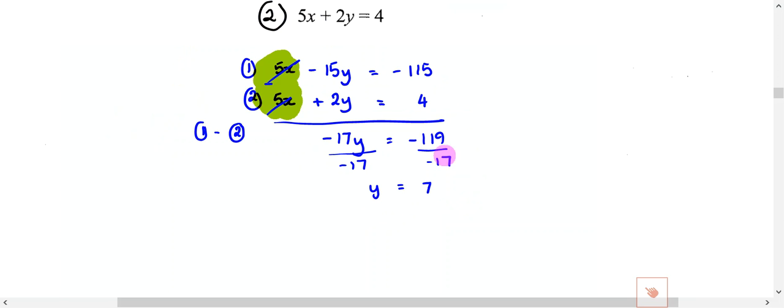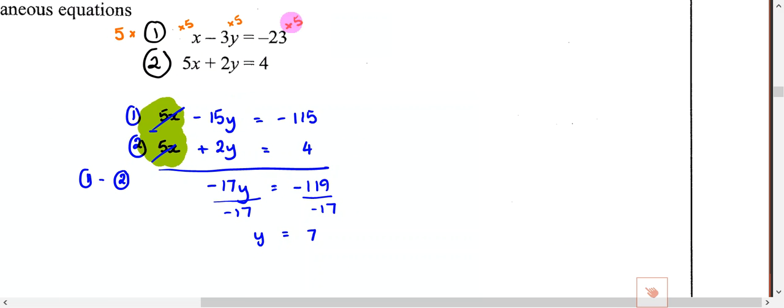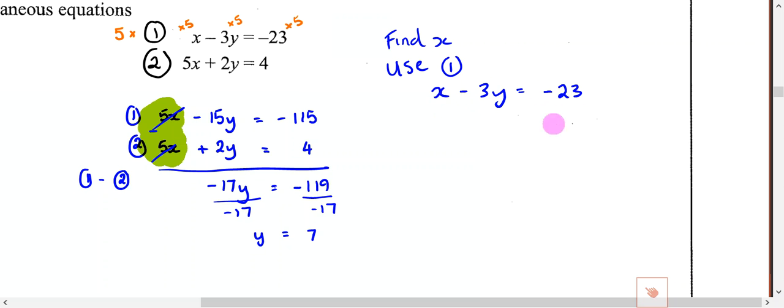What do we do next? Find x. We're going to use the original one, number 1. So we've got x minus 3y equals negative 23. Y is 7, so x minus 3 times 7 equals negative 23.